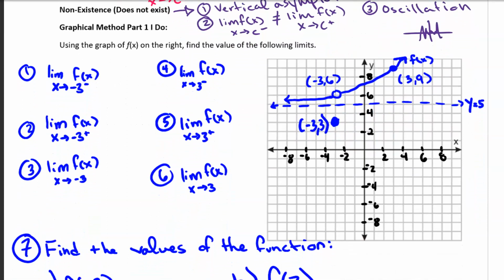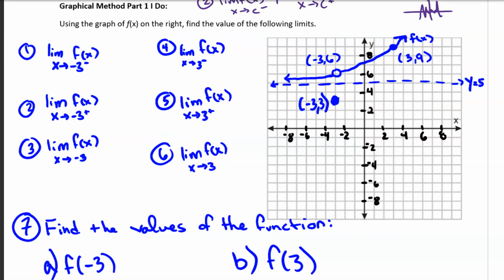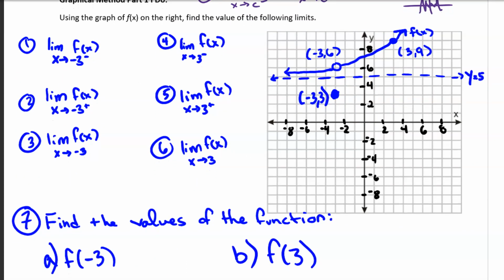So we've got a function here to look at. Let's take our ideas of limit existence and apply them to this problem. So I'm going to do this first one in pink. So we've got as x approaches -3 from the left. So as x comes in from the left, what does it approach? Well, what's our y value getting closer to? It's getting closer to 6. So it approaches 6 from the left.